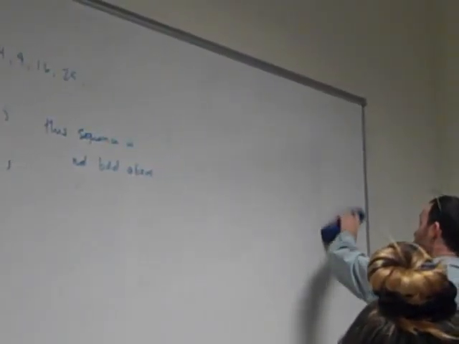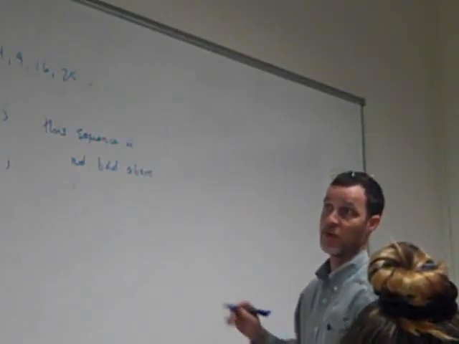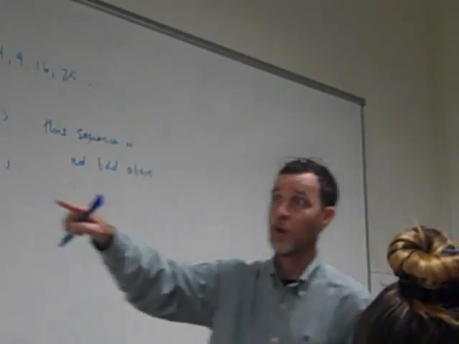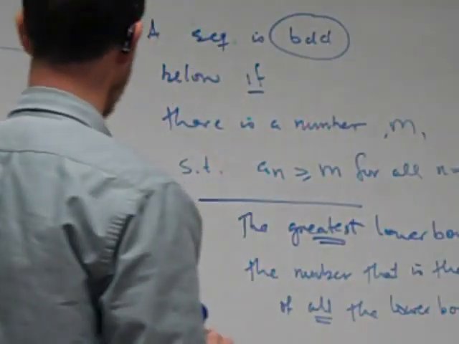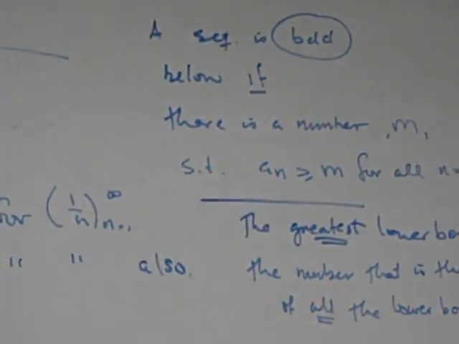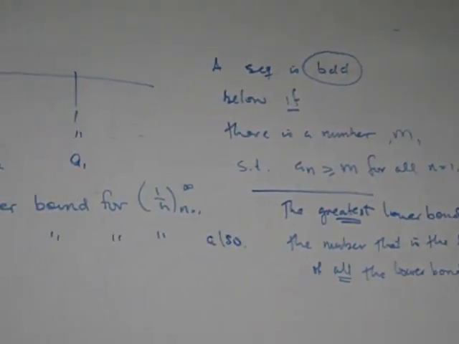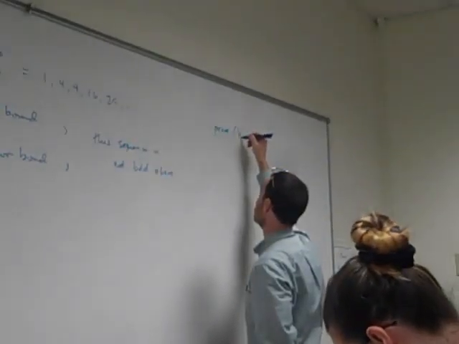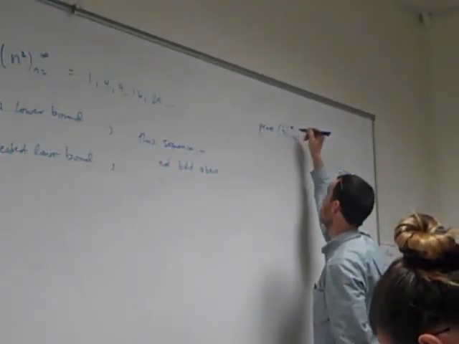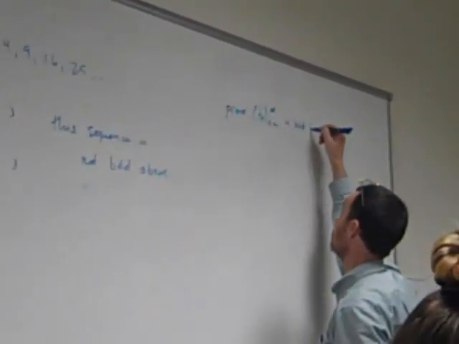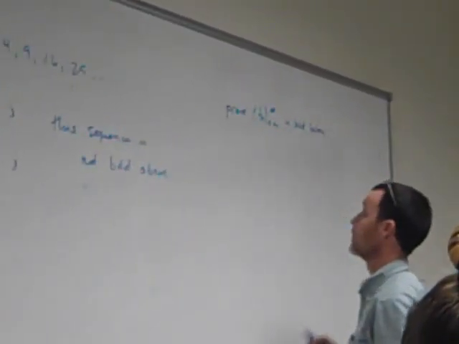So now, in the notes, I ask you to prove certain things, like prove something is bounded. So if I want to prove that this sequence is bounded, suppose I want to prove it's bounded below.